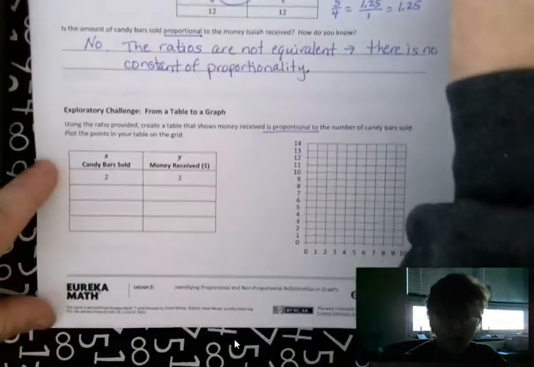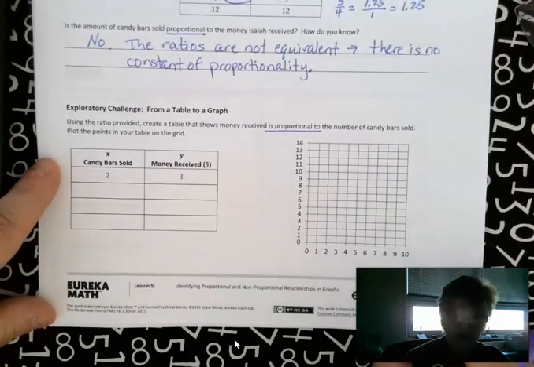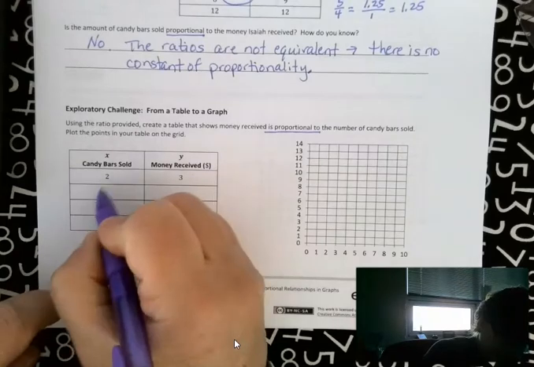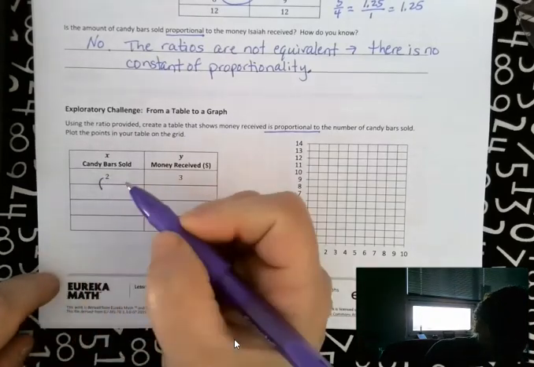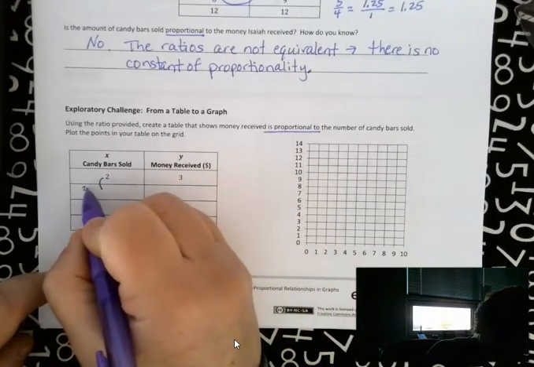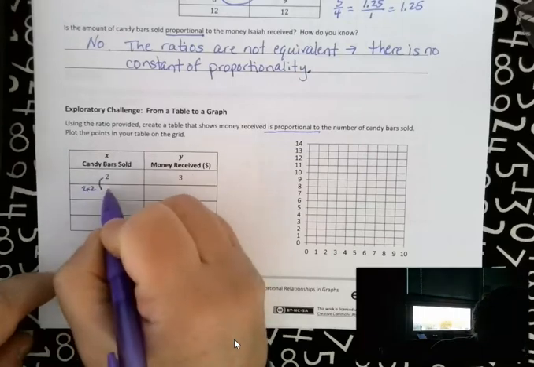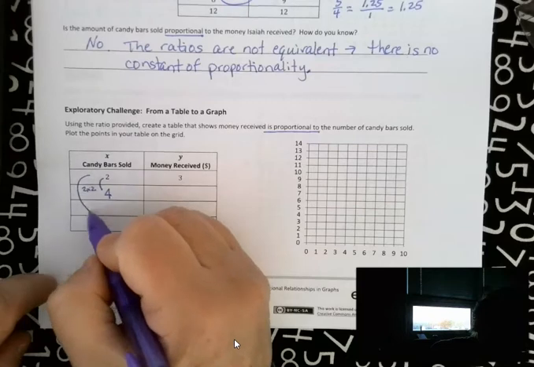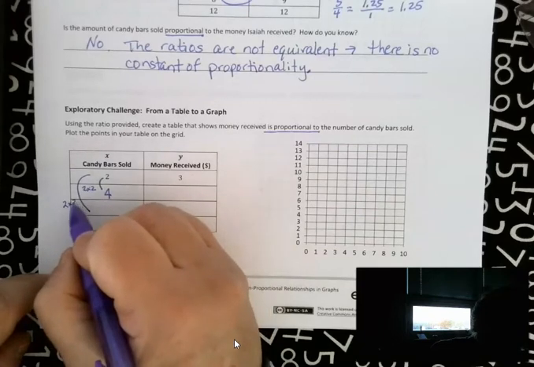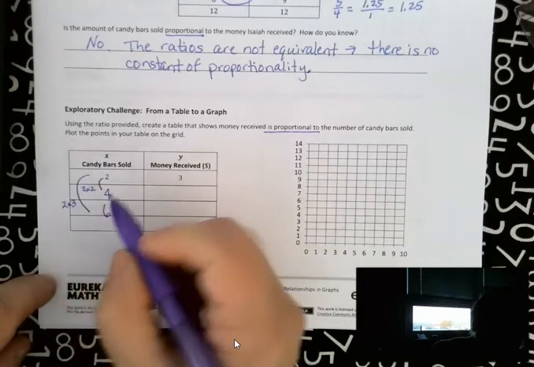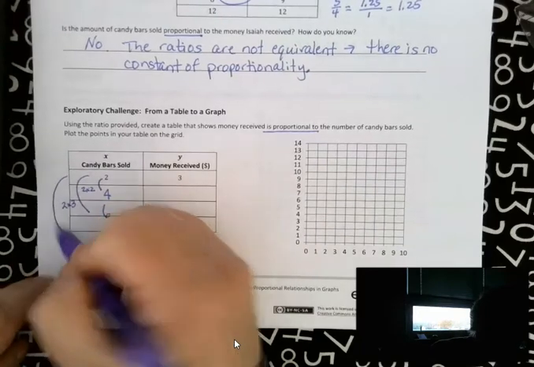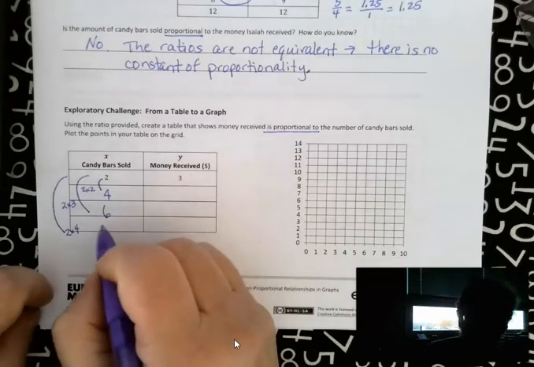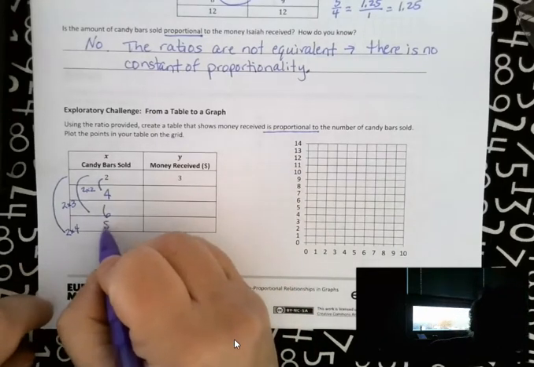So if you recall, we're going to use something called scaling up. So in scaling up, remember that we take 2 and we multiply it times 2 and we get 4. We take 2 and multiply it times 3 and we get 6. And then we take 2 and multiply it times 4 and we get 8.